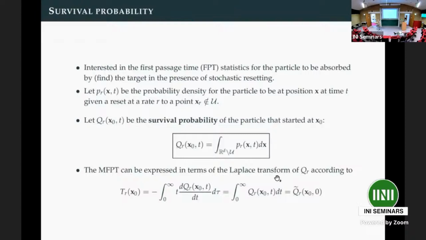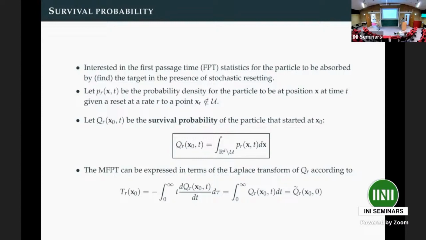Okay. And again, you can play the same game as for the non-equilibrium stationary density, in that you want to explore first passage times. One way to do it is to note that if you write down the survival probability for the particle, Q, then if you take the first derivative of Q and multiply it by -1, that is the first passage time density.